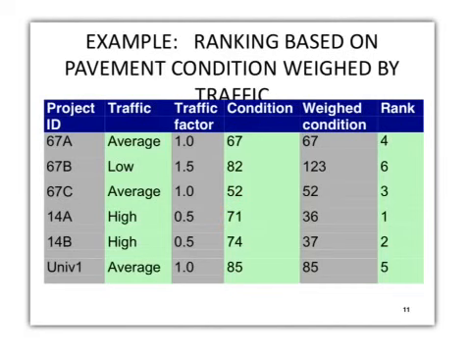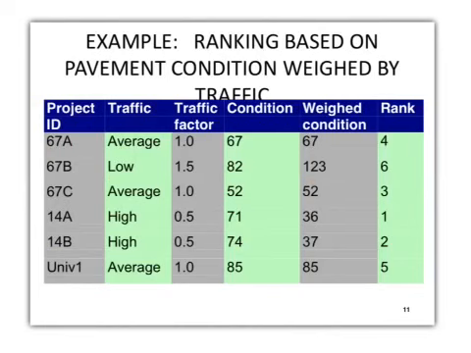So really now the rankings start to change because we are now including the traffic rather than only the pavement condition. Now the ranking became this project here, which is 14A, has to be fixed first, and then 14B, followed by 67C, and then 67A, all the way to University 1, number 5, and number 6 is 67B.